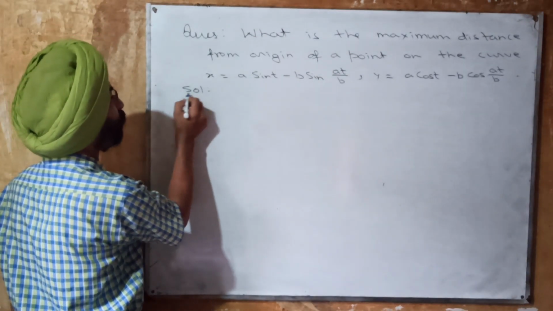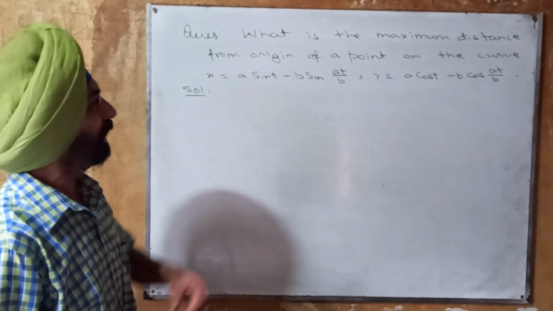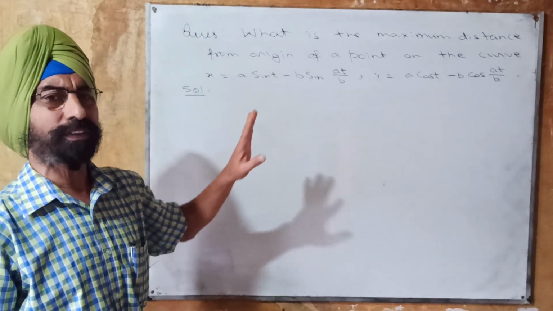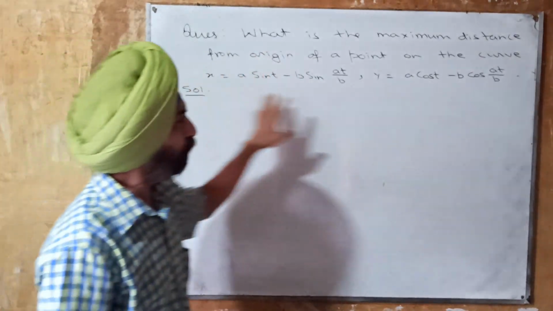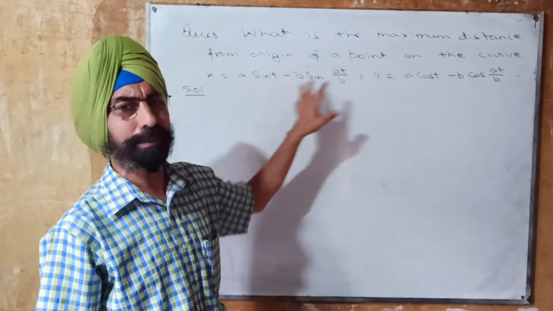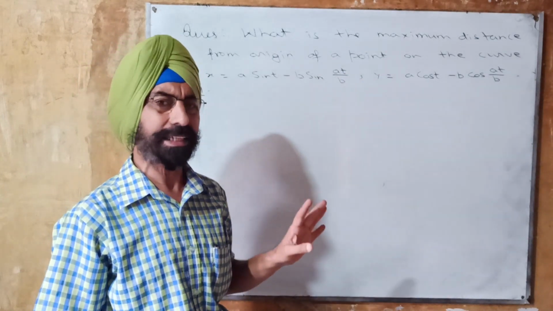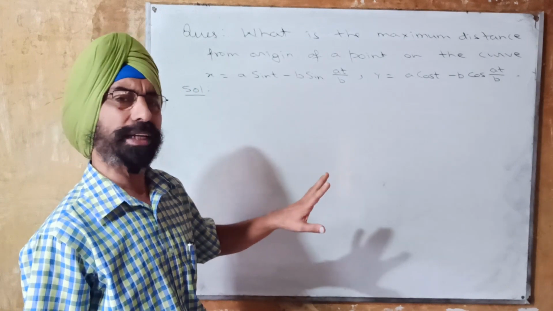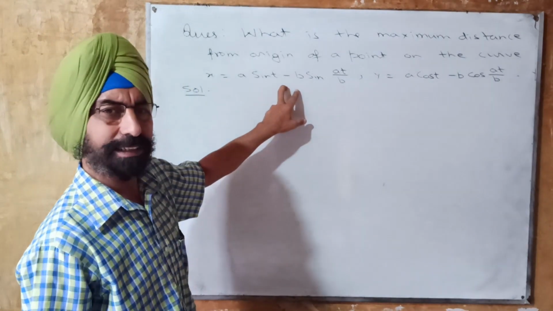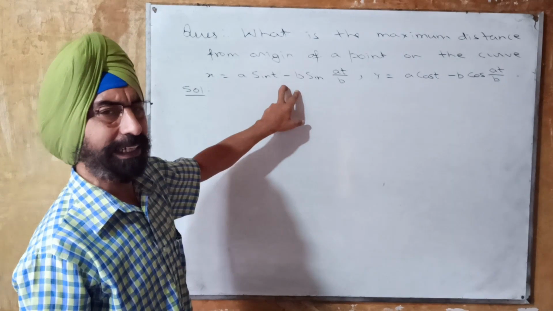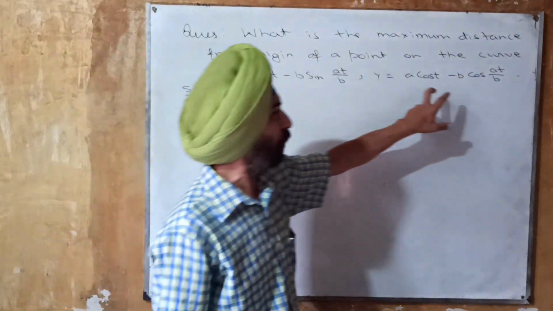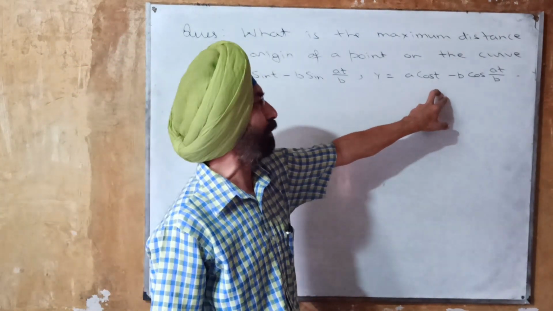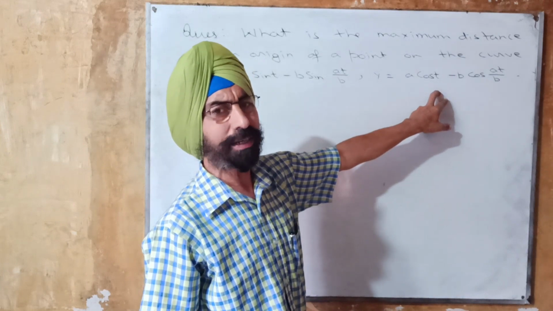So our question is to find the maximum distance of the origin from any point on this curve given in this parametric form. So one thing is clear, whatever the point will be, its x coordinate will look like this, (a sin t minus b sin at) upon b, and its y coordinate will look like (a cos t minus b cos at) upon b.